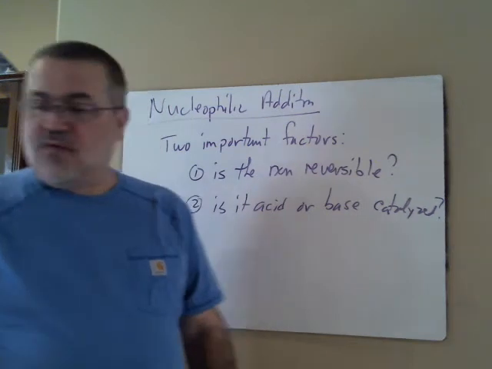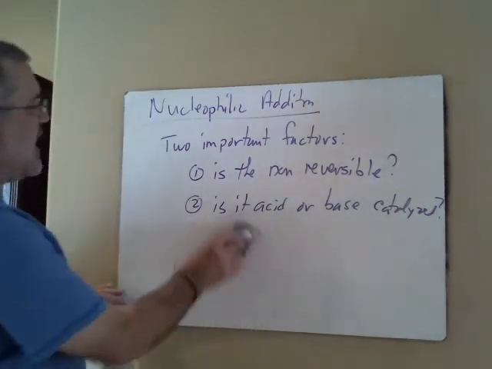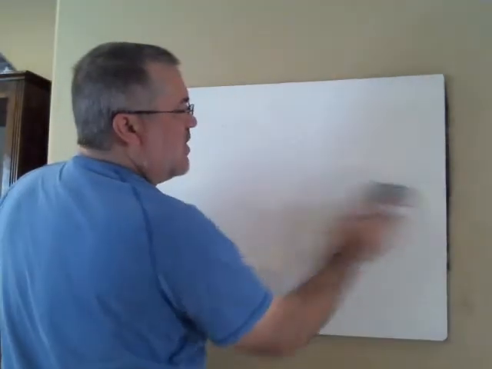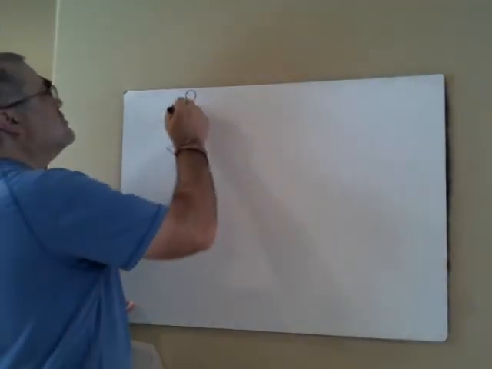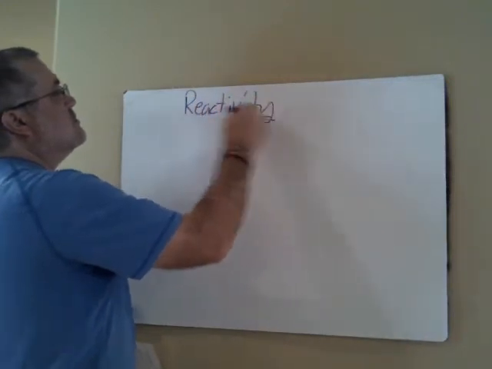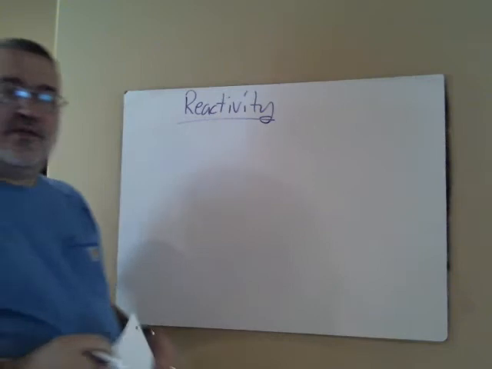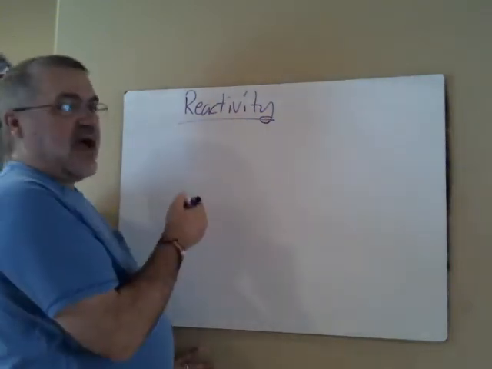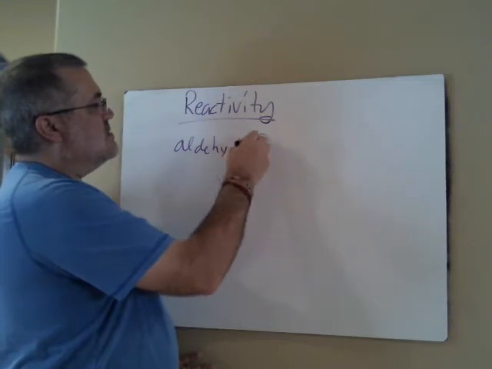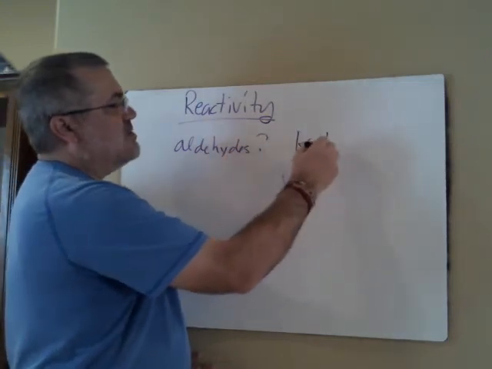But before we get into the actual reactions, there's one simple thing that we should talk about in terms of reactivity. And that is a simple question: which is more reactive, aldehydes or ketones?